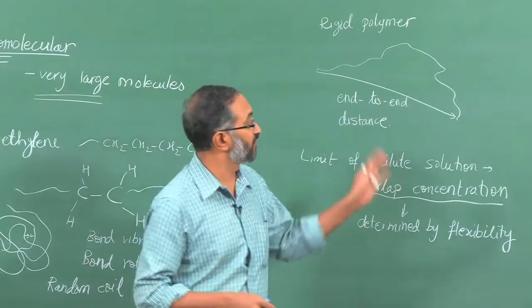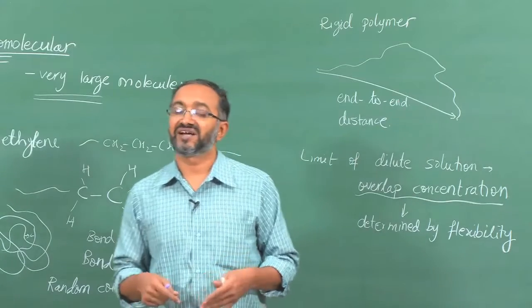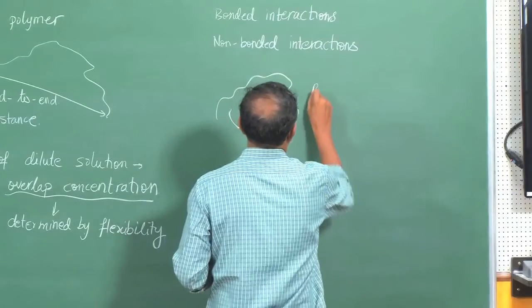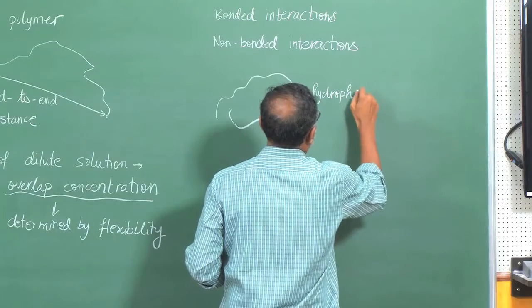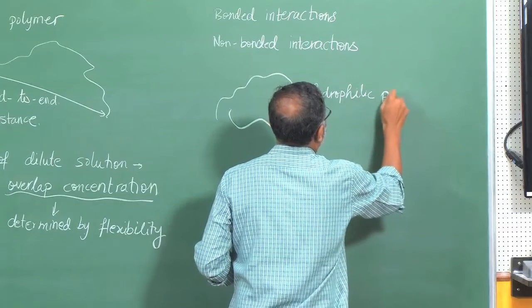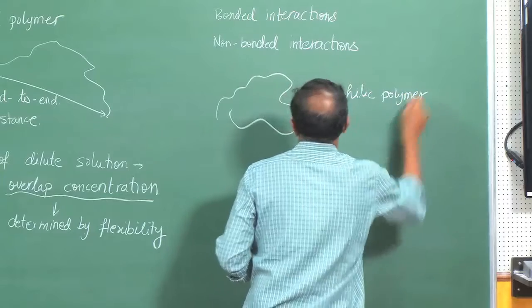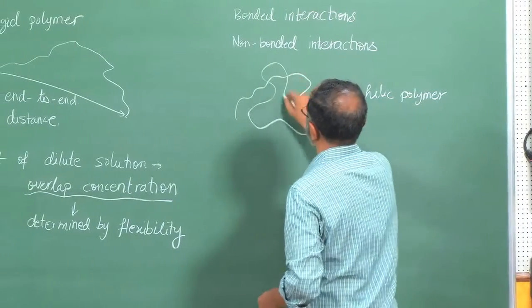So, let us say this is a polymer molecule which is coiled, and this is, let us say, a hydrophilic polymer. So, it will generally adopt some coil-like structure.